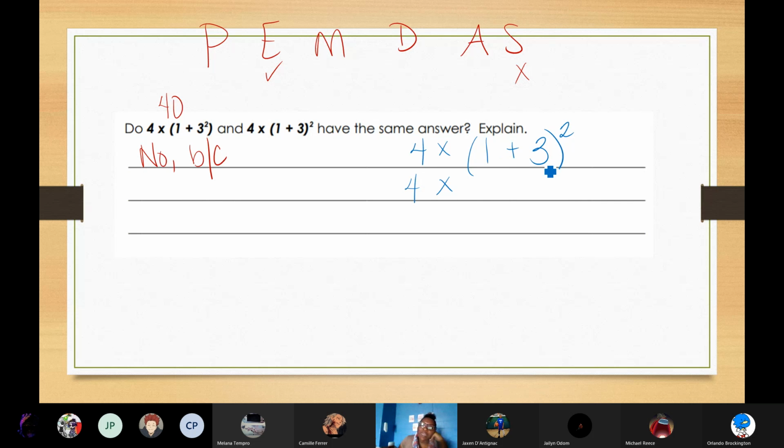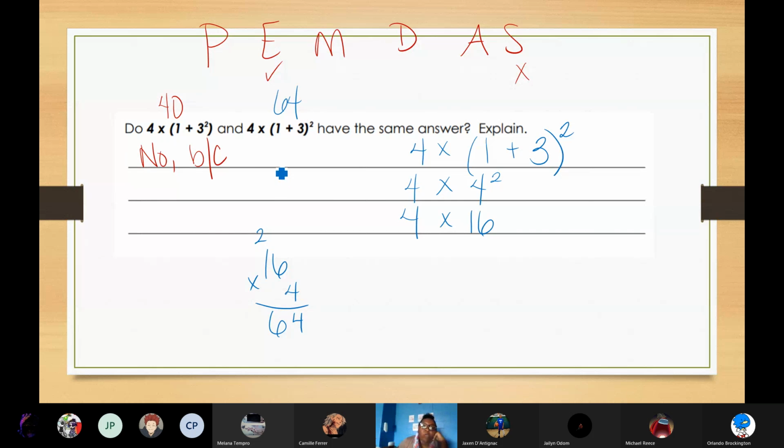What is 1 plus 3? 4. Now we're going to do 4 to the second power. What is 4 to the second power? Do not say 8. 16. So now we have to multiply 16 times 4. Our answer here is 64.